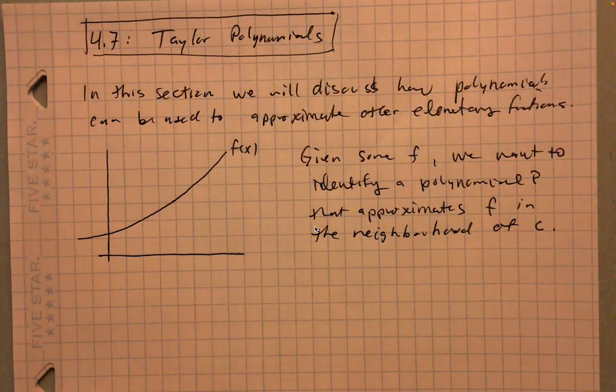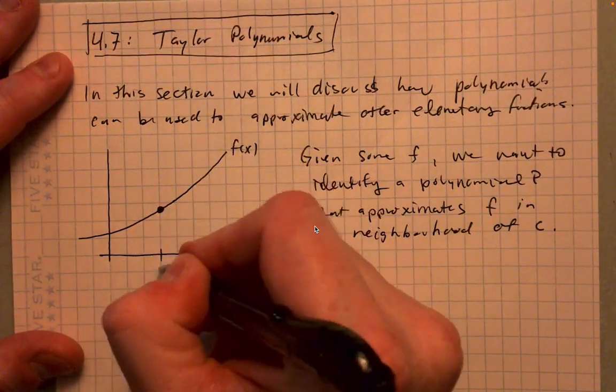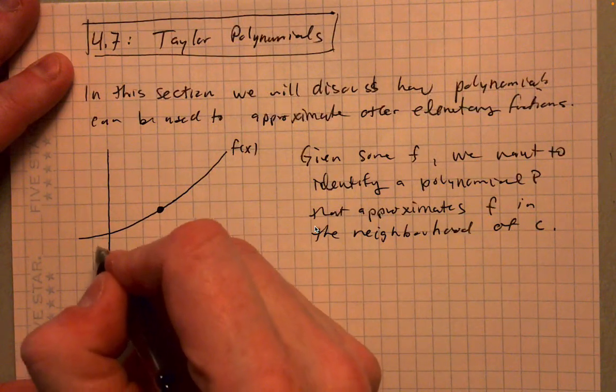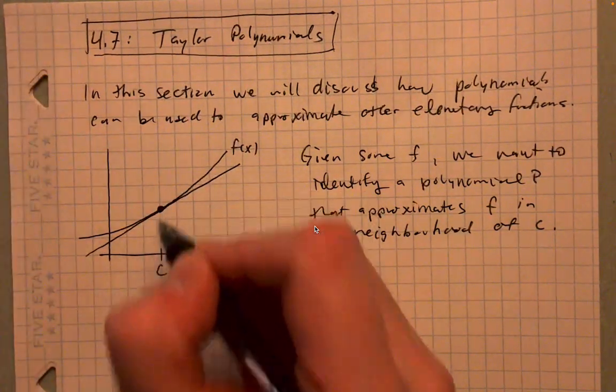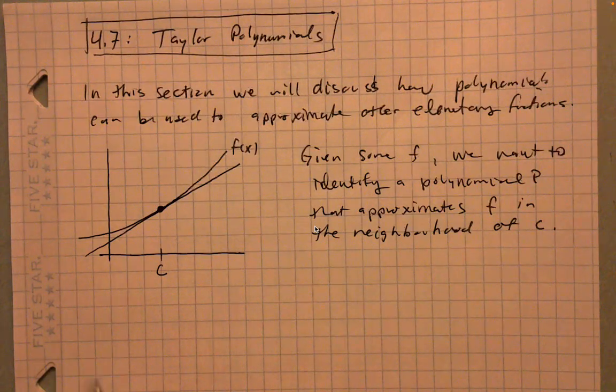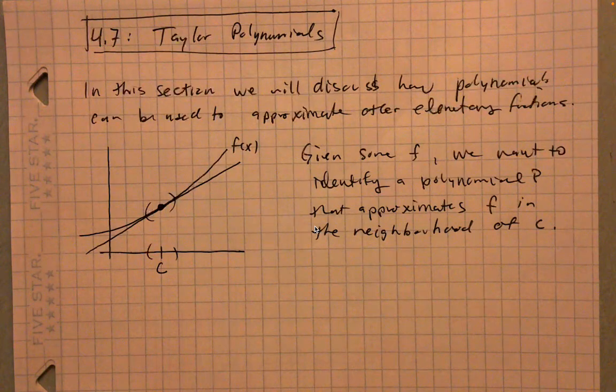So let's say c is here, and we're going to try to find a polynomial that agrees with f in some neighborhood of this value c.